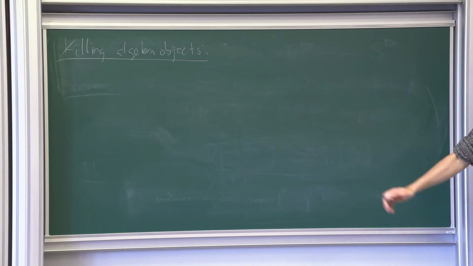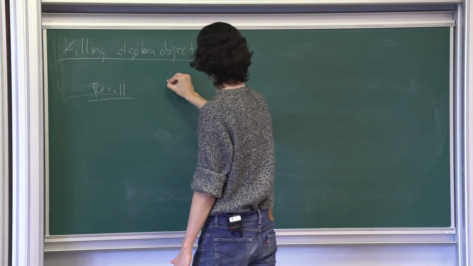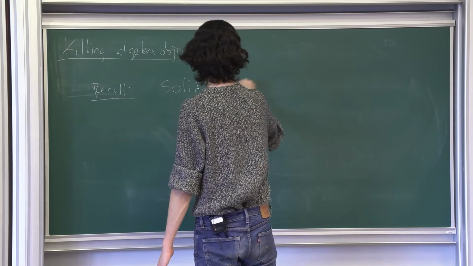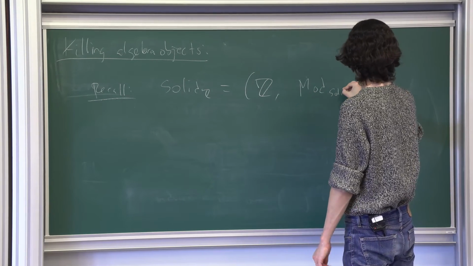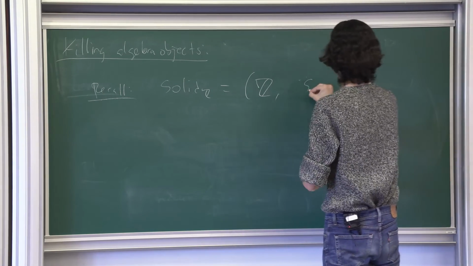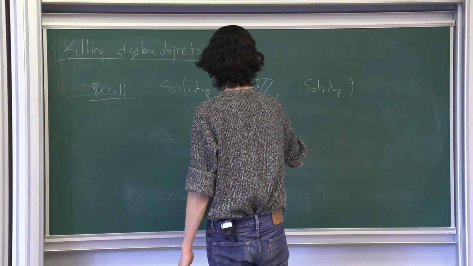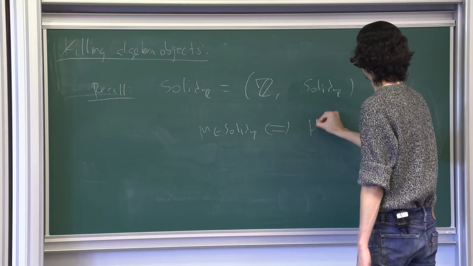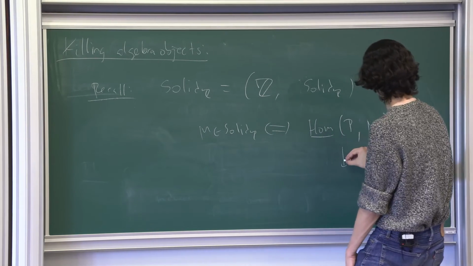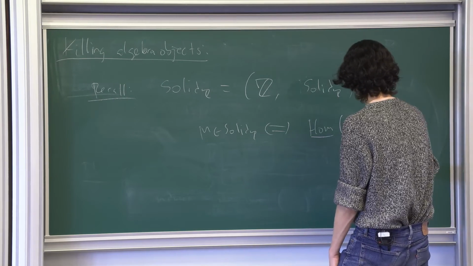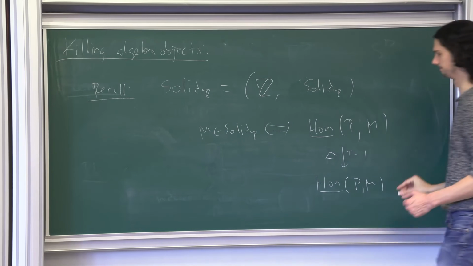So recall from motivation that we presented the solid Z theory as the analytic ring structure on the integers, where M was in solid Z if and only if, when you take internal Hom from P to M, and then you apply this shift -1 to internal Hom from P to M, this should be an isomorphism.